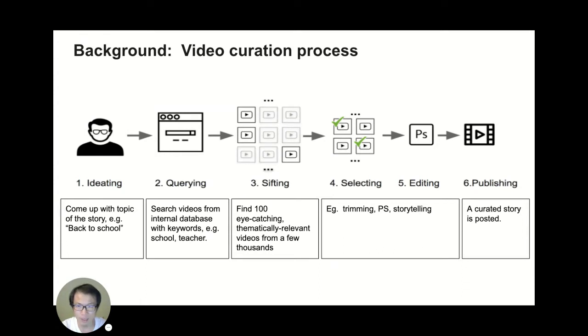And then they come up with queries to search snaps from the internal database. Among the thousands of returned videos, their next job is to find 100 of them, let's say, that are eye-catching and thematically relevant. And then they will refine their selection even more, edit the videos, put them together into a story, and finally publish to users.